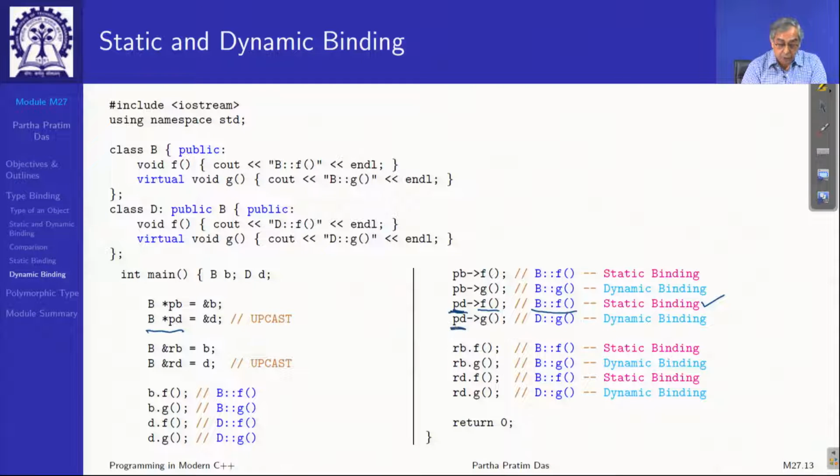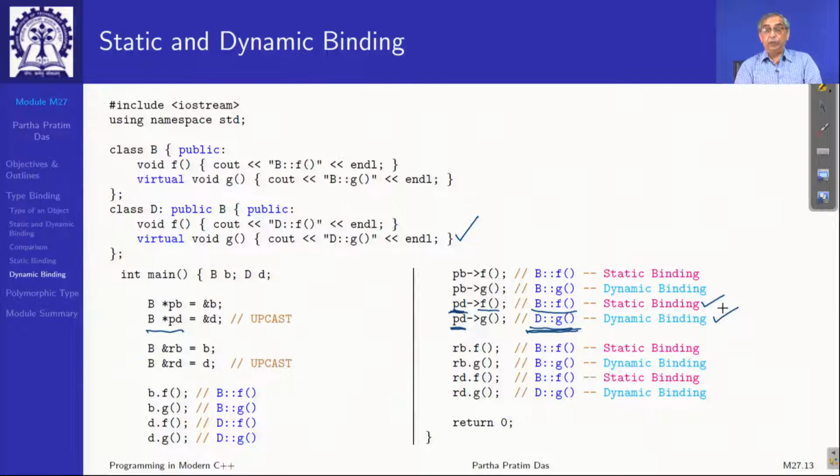But when you call the virtual function through p d, though p d is of type base class, it is actually pointing to a derived class object. So, it resolves at the runtime that it will call the g function in the derived class, of which the object is currently there. So, this is the illustration of the dynamic binding.